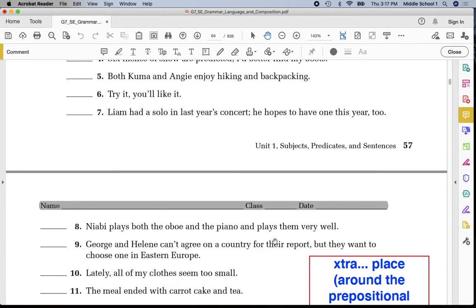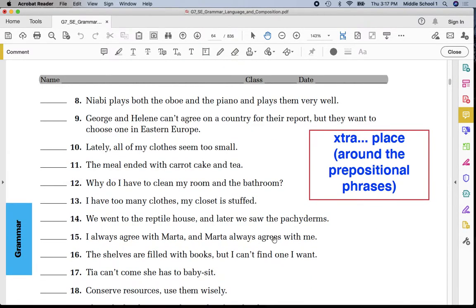Let's go to the back side of our paper. Please go to the top of page 58 and put your first and last name on the blank, as well as class 7 and today's date, which is September 17.